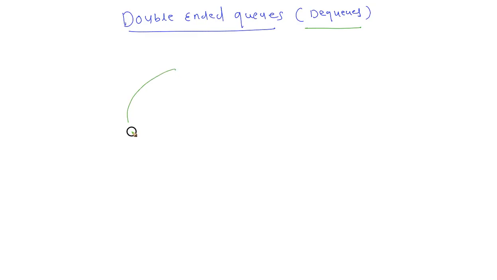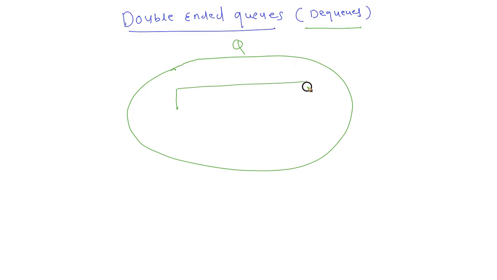Now in a queue, let's say we have this queue, with front and rear. This is the data array. Let's say there is an element present at the zeroth location, that's why f is equal to 0 and r is equal to 0.